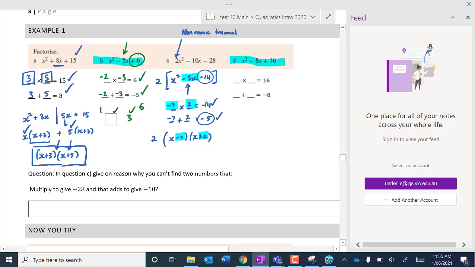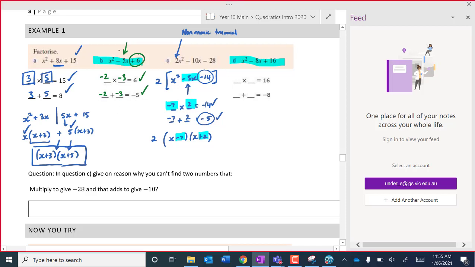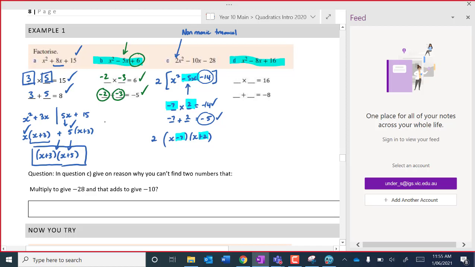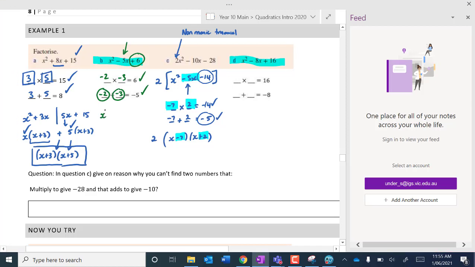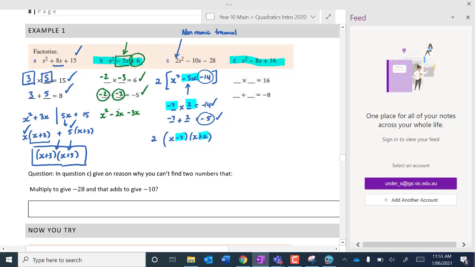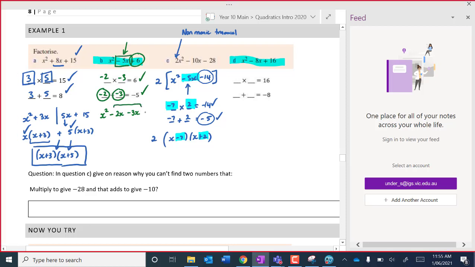Now, if we find those things out, that's basically the magic to factorizing. If we can find negative 2 and negative 3, then again, we can do it the long way, of course. I think it's important to know what we're doing: we're breaking that middle term up into two terms, and then we're using grouping.